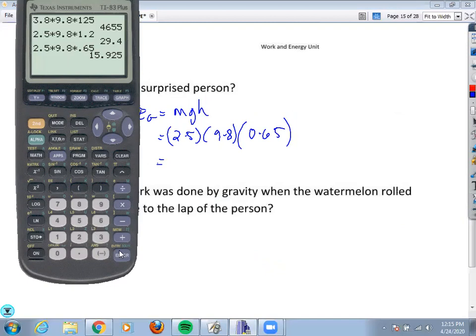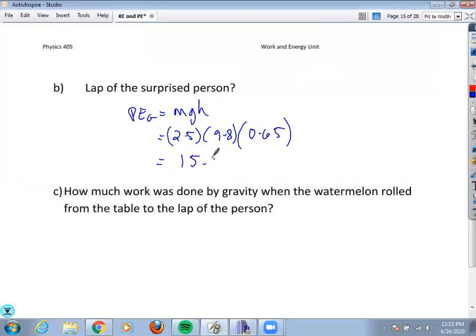You get 15.9 joules. So you can see that the energy is less on the person's lap versus the counter because it's closer to the ground. How much work was done by gravity when the watermelon rolled from the table to the lap of the person?